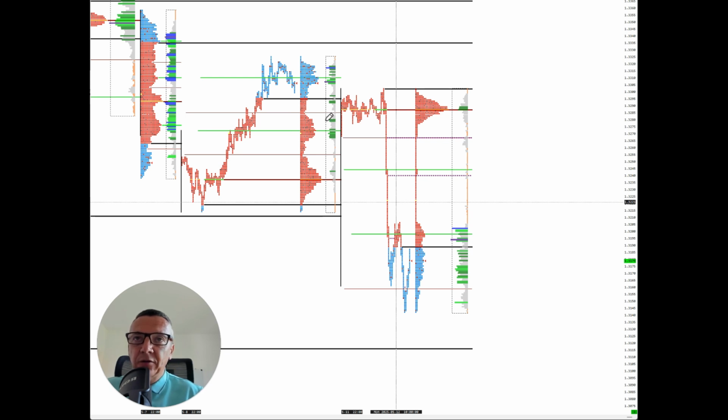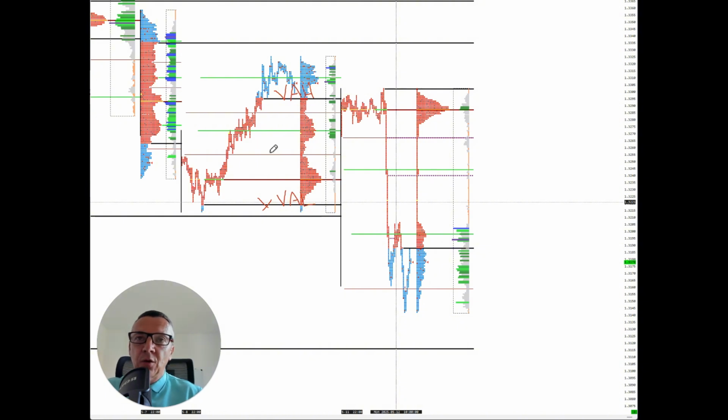What I look for when looking at a profile is these black lines. I can hear you say, what are these black lines? This black line here is classed as a value area high, and this black line here is classed as a value area low.